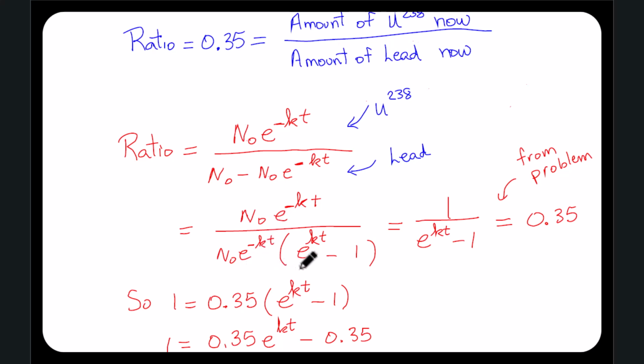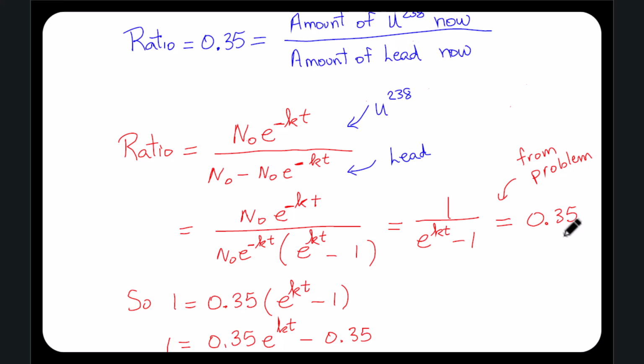If you multiply this back in, this e to the minus kt times e to the kt would be e to the 0 as the exponents add. So yes, this is correct. And so I get 1 over e to the kt minus 1 equals our 0.35.